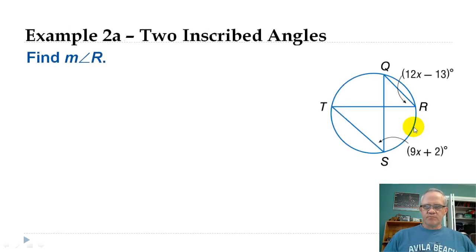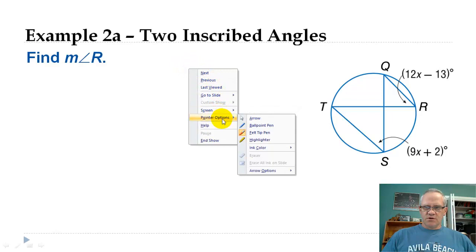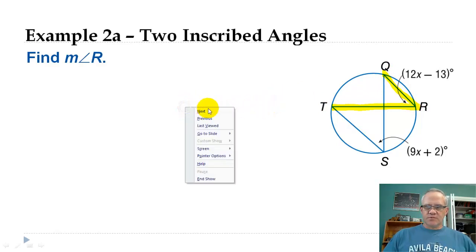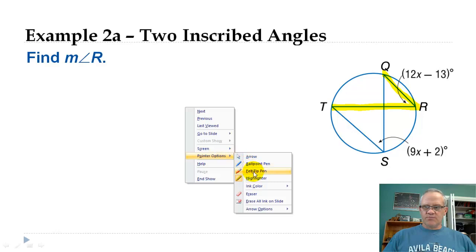Well, let's do this. I'm going to see if I can have some fun here and go to a highlighter. I'm going to start by highlighting this. And of course, I've got to go back to my pen here.